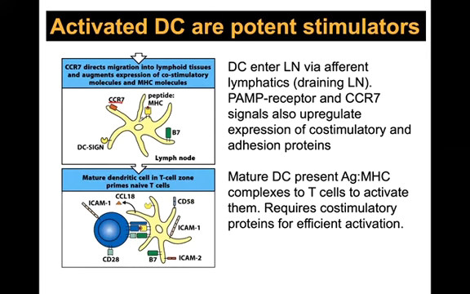Now, ultimately, what happens is you have this mature dendritic cell in the lymph node. It's been stimulated to express the sticky proteins, the adhesion proteins, and co-stimulatory proteins, and eventually that rare 1 in a million CD4 or CD8 T cell will come along and recognize antigen on that dendritic cell and becomes activated. Now, for it to be activated, it absolutely requires this co-stimulatory protein.